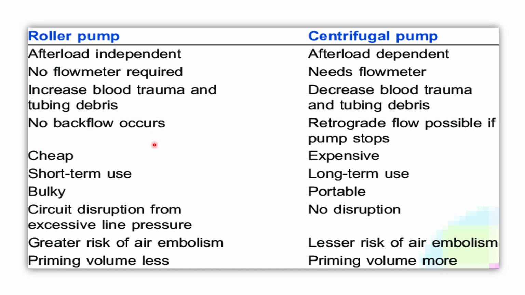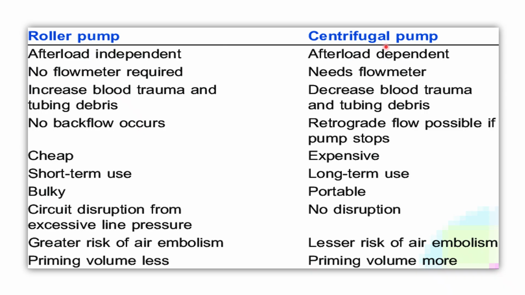No backflow occurs. It's cheaper, for short-term use, and bulky. Circuit disruption can occur from excessive line pressure. If we have high blood pressure and we use VA ECMO with a roller pump, sometimes circuit disruption will happen, with greater risk of air embolism and less priming volume.